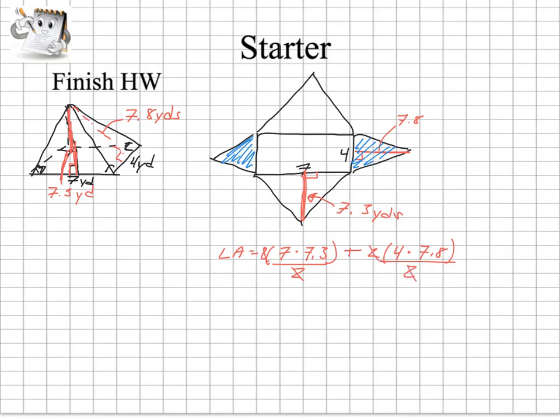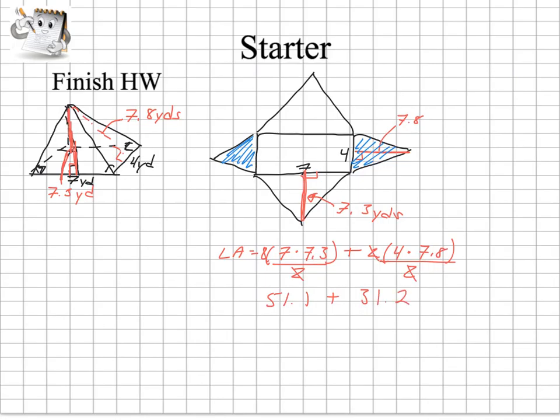So my lateral surface area becomes 7 times 7.3, which is 51.1, added to 4 times 7.8, which is 31.2.